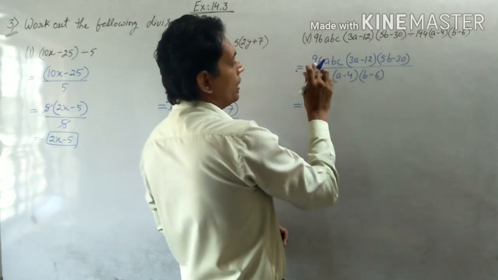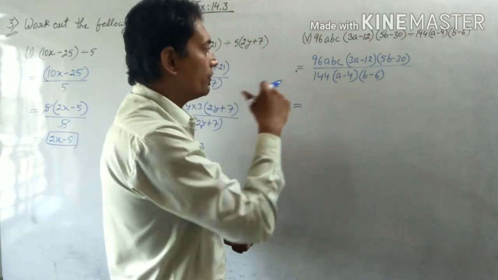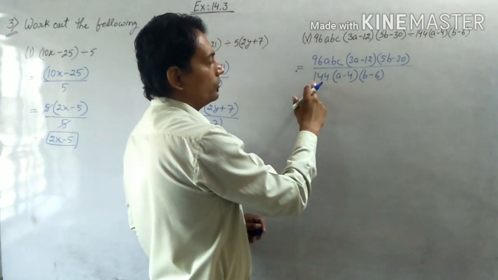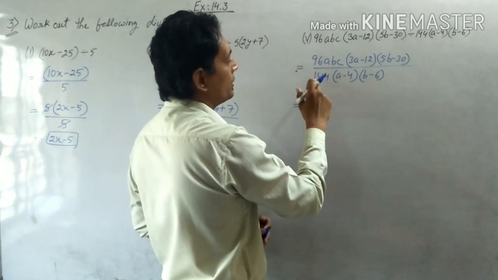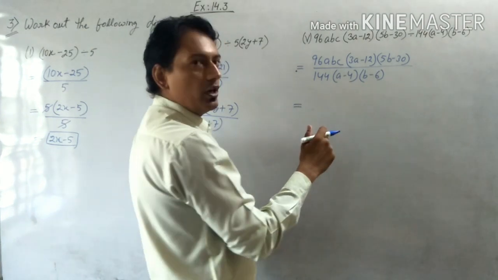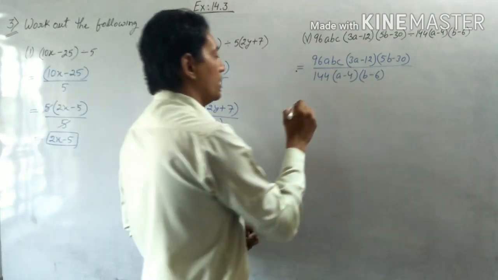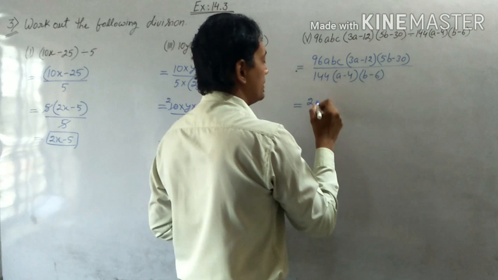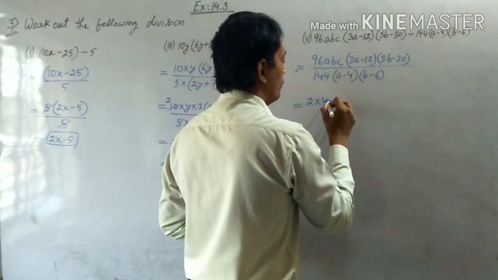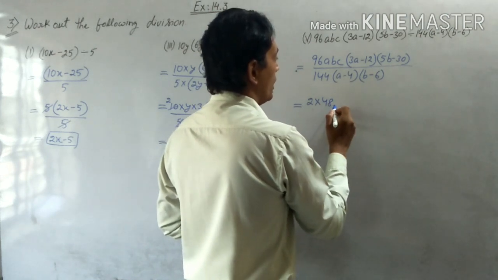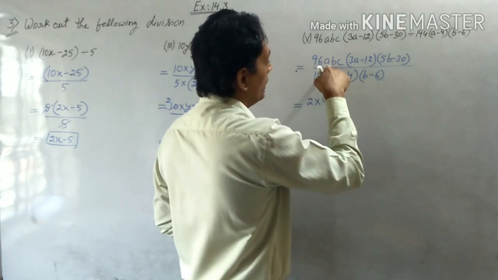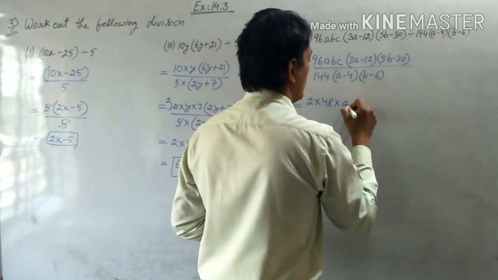What we can do is take a common factor from 96 and 144. So 96 and 144 can be written as 48 into 2 and 48 into 3. So 96 I am writing as 2 into 48 into a into b into c.